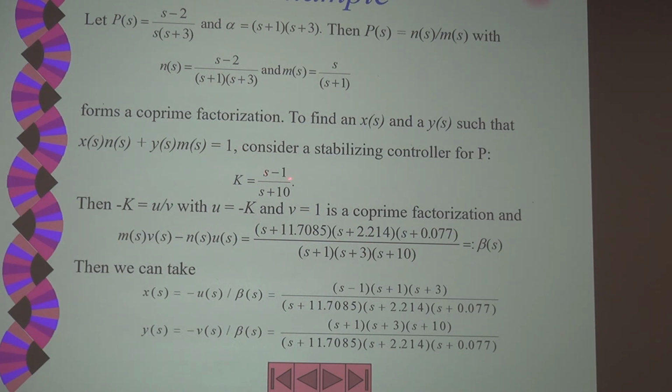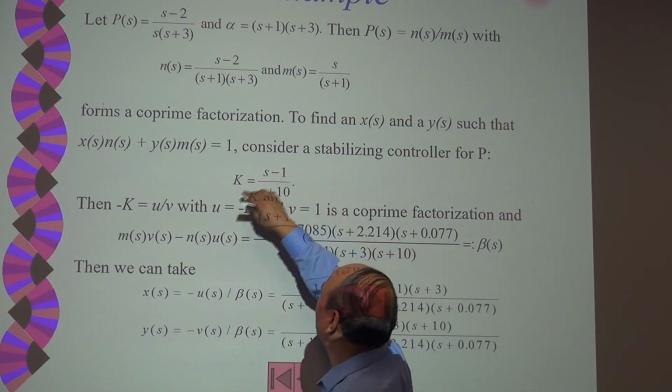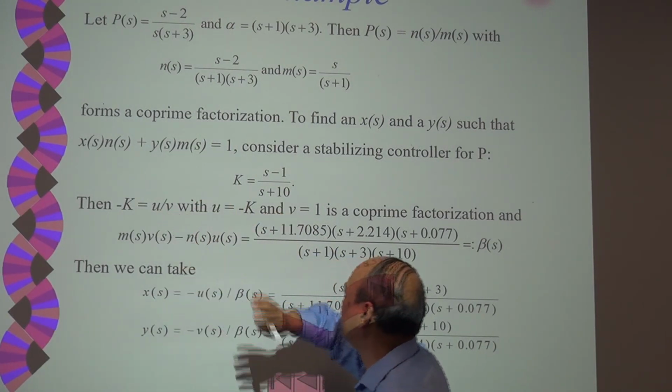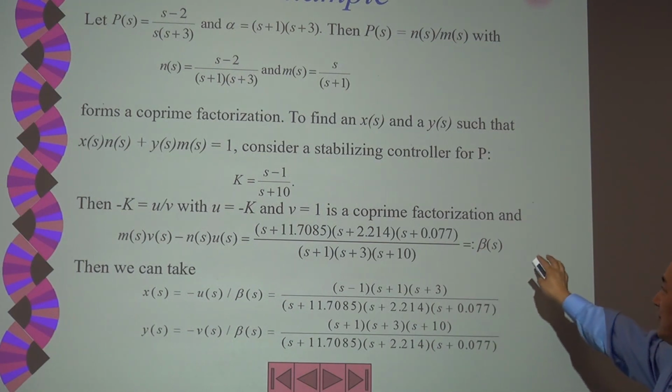But you cannot use this U and this V, since they are not in RH infinity. So I choose U itself to be this one, and V is 1. It's funny, right? U is this, and V is 1. So K is U divided by V, with V equal to 1, and this is also a coprime factorization.